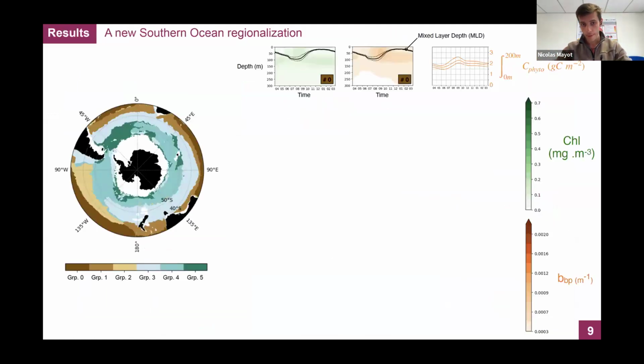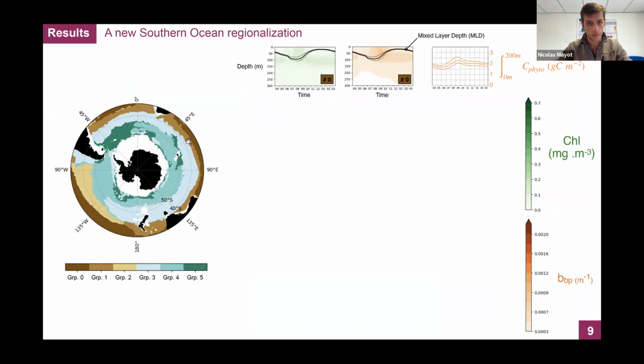So here is the map of the Southern Ocean based on the phytoplankton phenology. Here, each region is represented by 1 color. Each pixel within a region should have a similar variation over a year in terms of the vertical profile of chlorophyll and BBP.